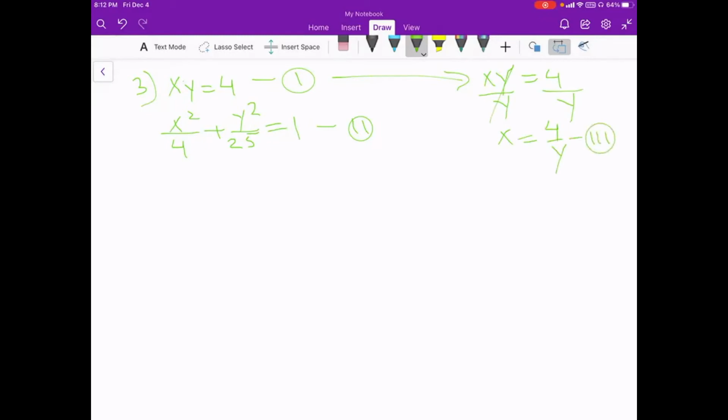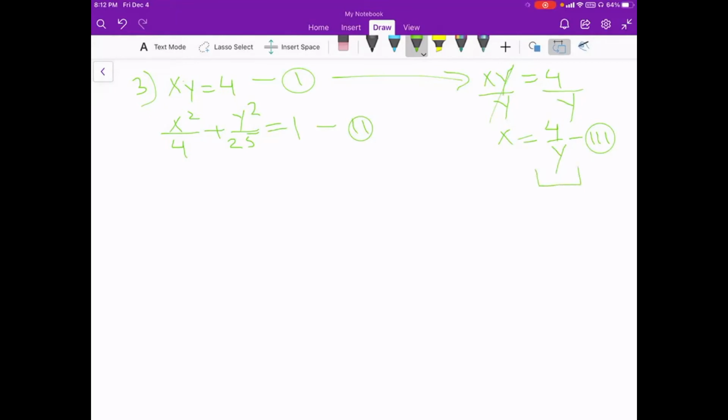So now, like I said before, I'm going to plug equation 3 into equation 2. So now I'm going to replace my x with the value that I got in there, which is in terms of y.